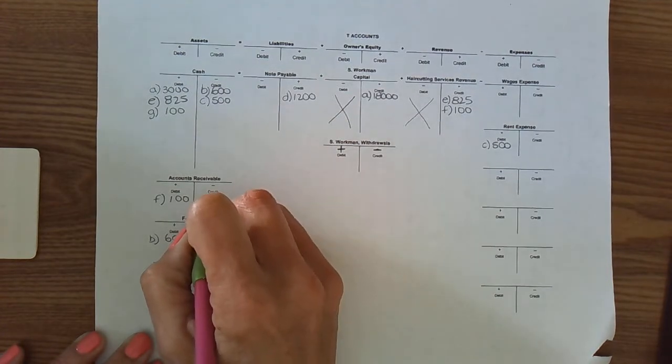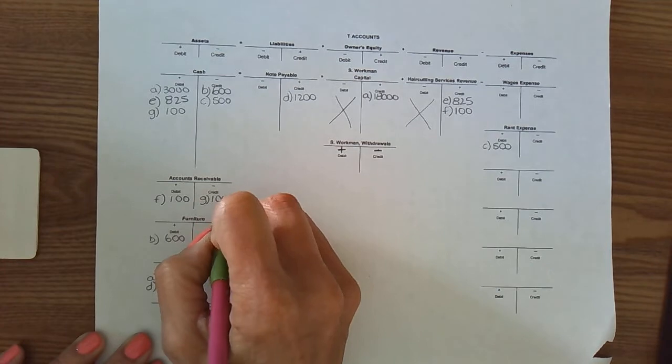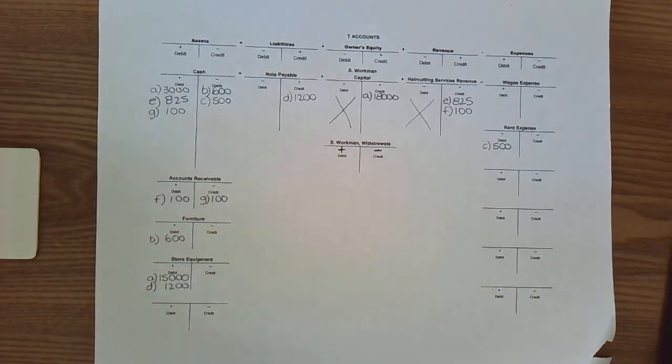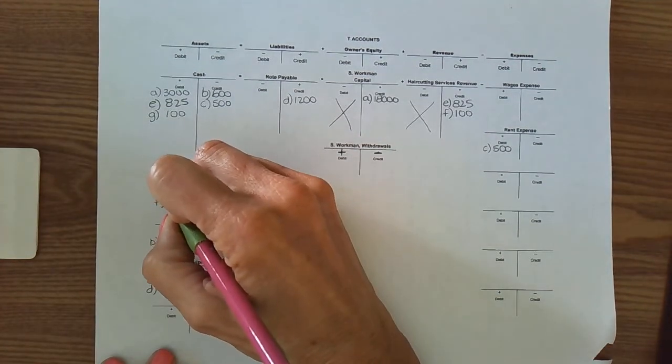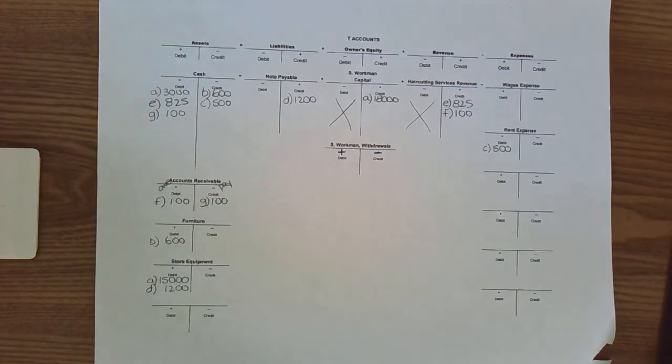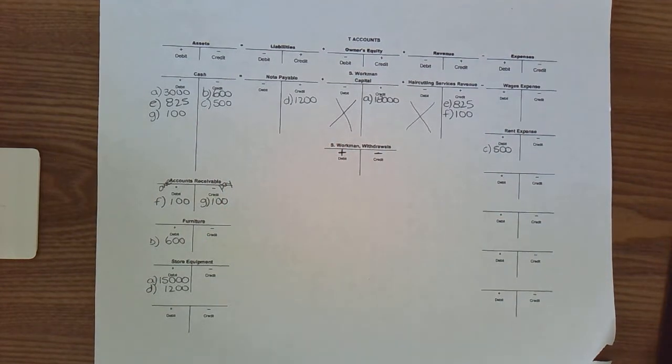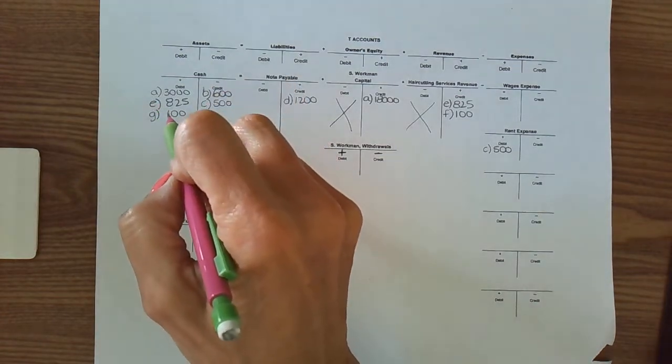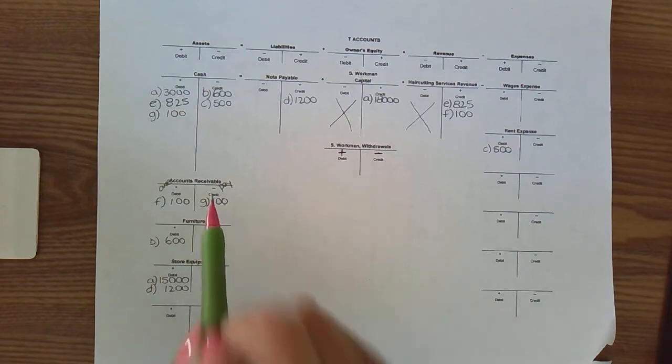So that goes on the minus side, 100. So on the debit side is when they owe, and the credit side is when they pay. Debit side's when they owe, credit side's when they pay. So here's our debit, we added to cash, and then here's the credit for 100.